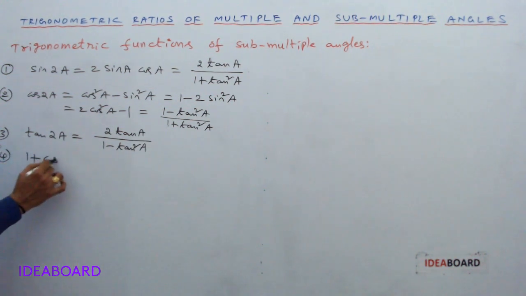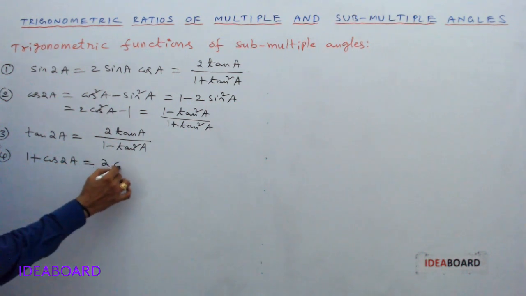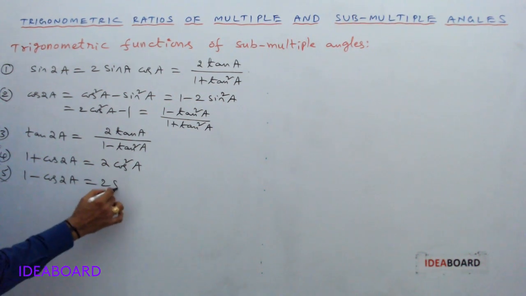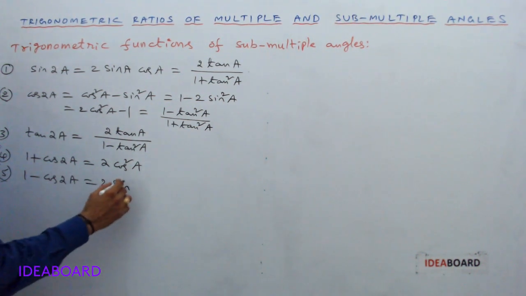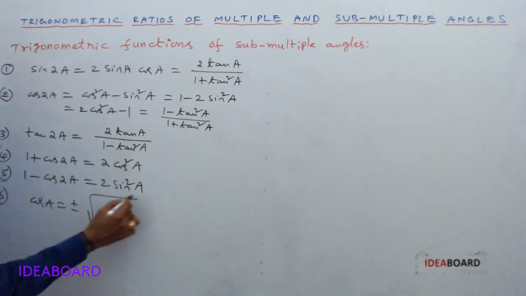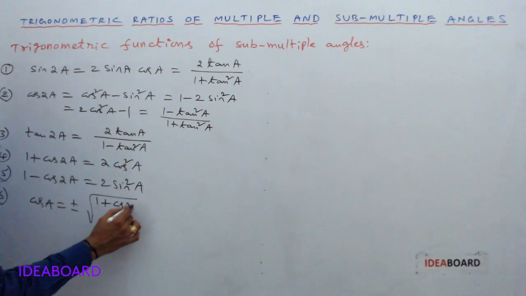1 plus cos 2A equal to 2 cos square A. 1 minus cos 2A equal to 2 sin square A. Cos A equal to plus or minus square root of (1 plus cos 2A) by 2.